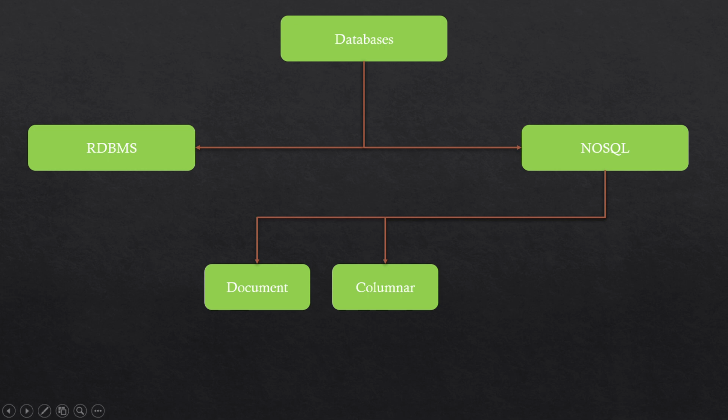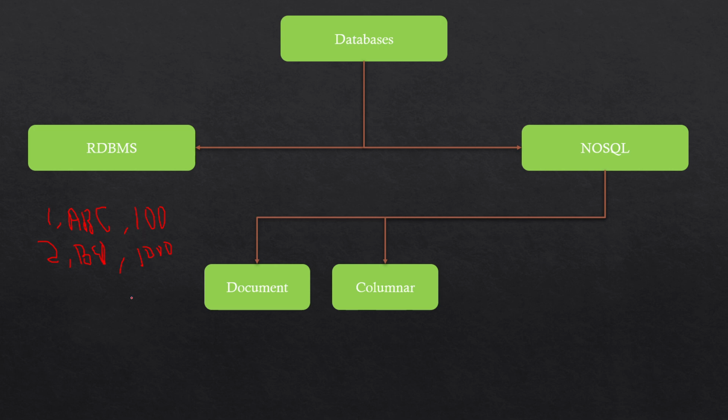If I give an example here, suppose you have an employee table, where you have employee ID 1, employee name as, suppose, ABC, and suppose the salary is 100 rupees, and you have a second row where you have employee ID as 2, and then BCD is the employee name, and the salary is 1000 rupees. So this is how you will store the data in a row in RDBMS, where you store the data row wise.